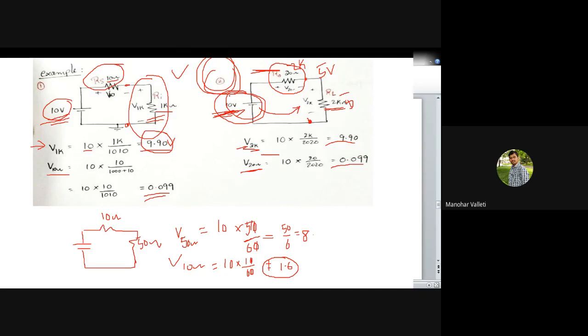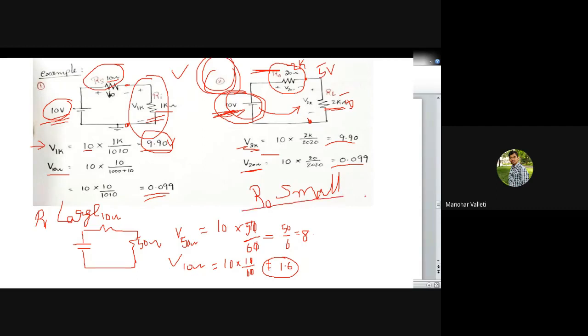To effectively deliver the output to the load, the output resistance of the circuit has to be as small as possible, that is R naught. In the same way, Ri has to be large.